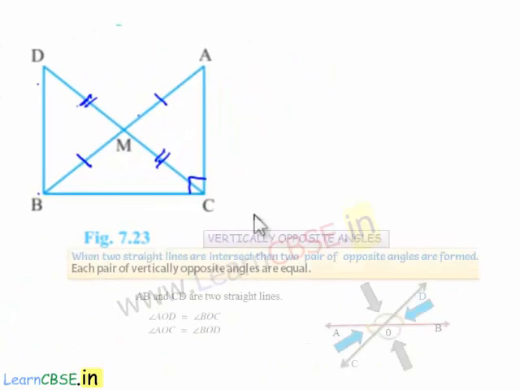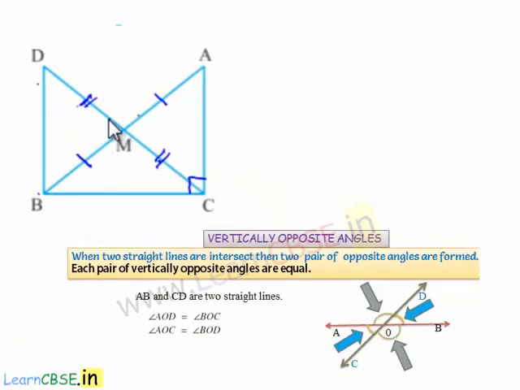Now, at point M, angle DMB and angle AMC are vertically opposite angles. We know that vertically opposite angles are equal, so we can write angle AMC is equal to angle BMD, as they are vertically opposite angles.